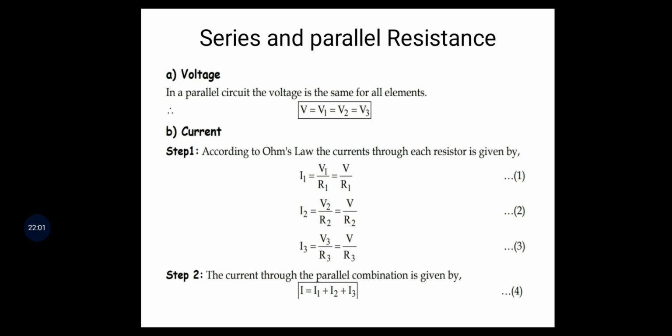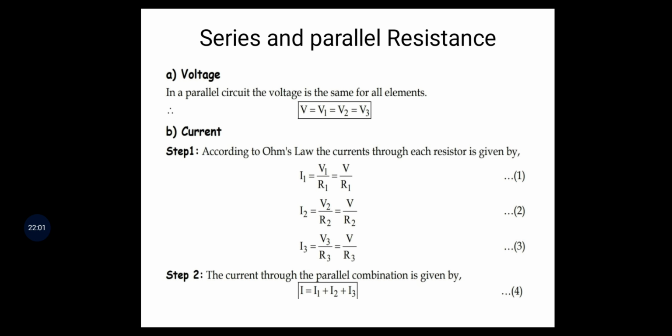Then the current, according to Ohm's law, is V by R. I1 equals V1 by R1, I2 equals V2 by R2, I3 equals V3 by R3.